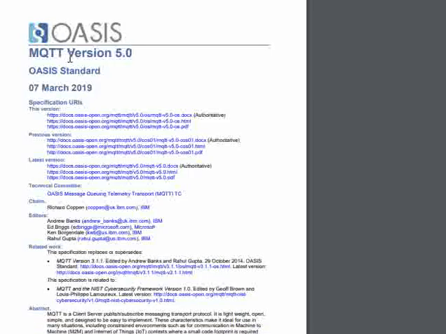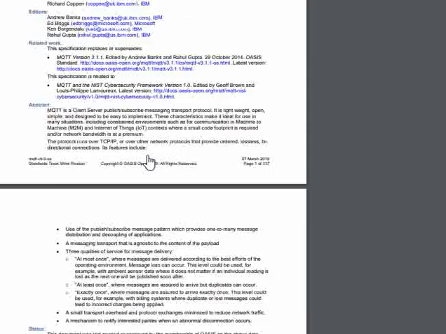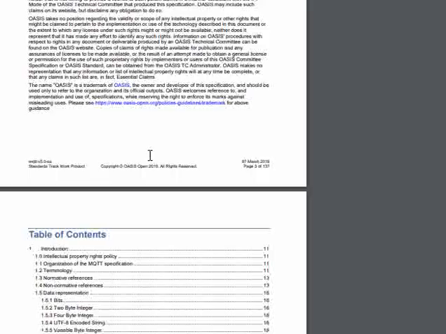If we see, this is the MQTT version 5 standard. So check the websites for this standard, and you have to go through this specific standard to understand the different protocol formats.